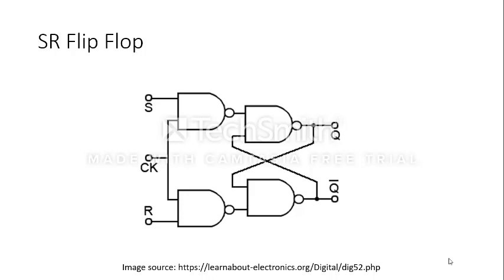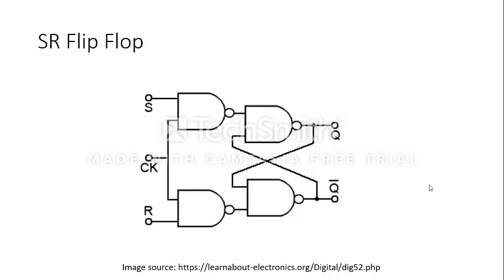This SR flip-flop is actually made by all NAND gates. Here you can easily identify that when I was using a latch, only these two NAND gates were working, right? And now I am including this clock pulse and these two NAND gates also to design my whole SR flip-flop.